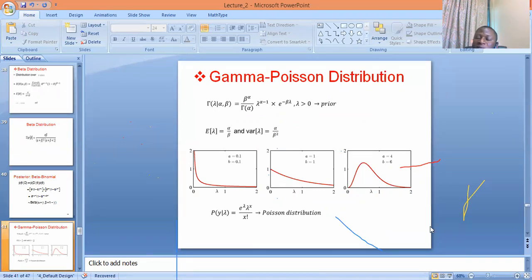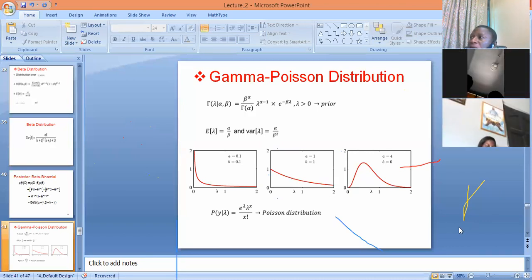We can do the same for the gamma distribution, but our time is up. So we have to stop here, and then we continue the lectures next week. So if you guys have questions, you can go ahead and ask.